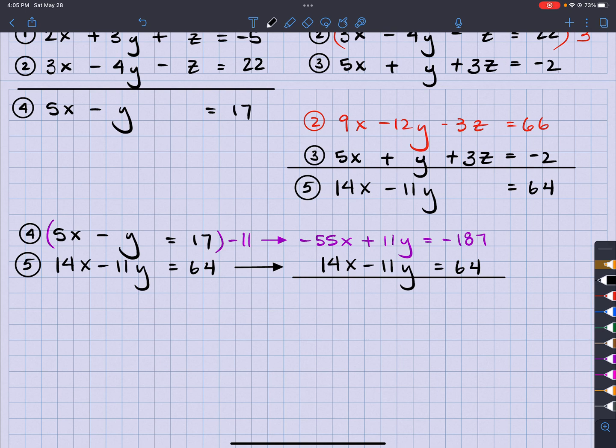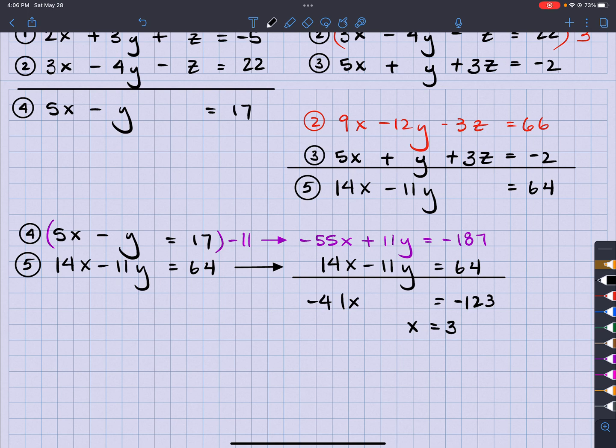Negative 55 plus 14 gives me negative 41, and that equals negative 187 plus 64, which gives me negative 123. Sorry, I forgot the x here. So x is going to give me a positive 3.